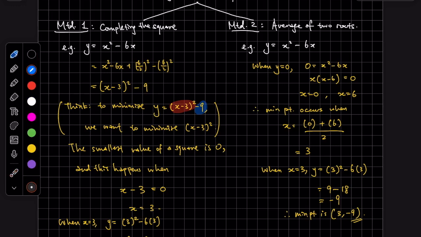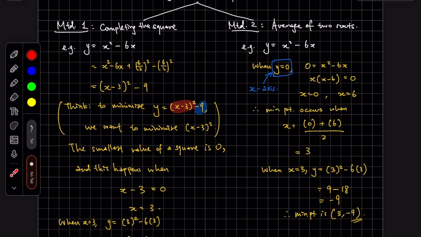So when y equals 0, what does y equals 0 mean? Recall, the x-axis is y equals 0. The y-axis is x equals 0. This one you must know.